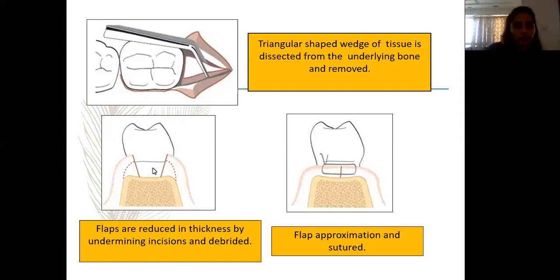You have the internal bevel or the reverse bevel incision that is going to thin and undermine the flap and help gain access, followed by extension labially as well as lingually, and this triangular wedge of tissue is removed, access to the bone is gained, and accordingly the area is debrided and then sutured up.